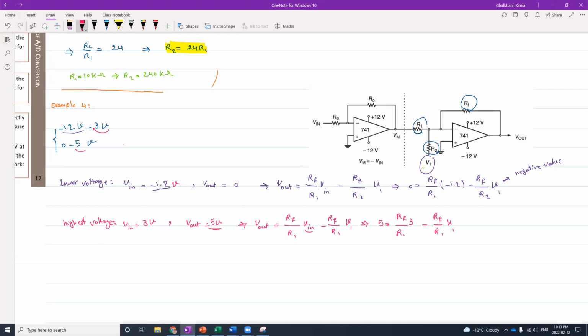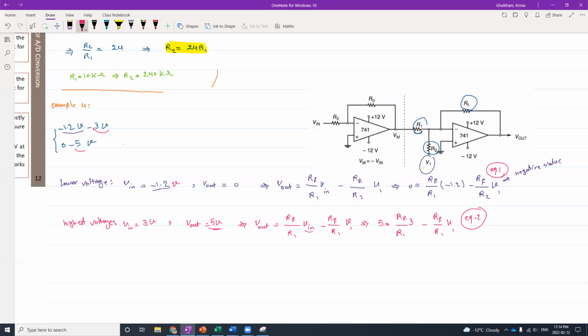So I'm going to call this one equation 1, and this one equation 2, right? Now, we can find R1, R2, and RF using these two equations.